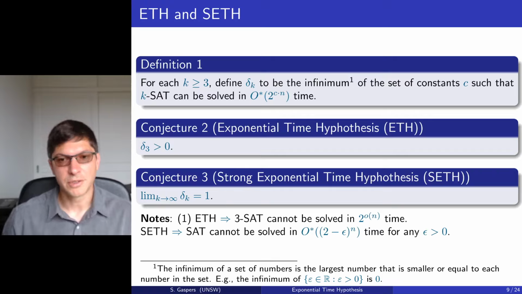Okay, so the exponential time hypothesis is a conjecture, so it's not proven, of course, that assumes that delta 3 is more than 0.